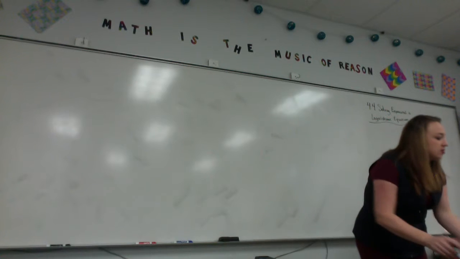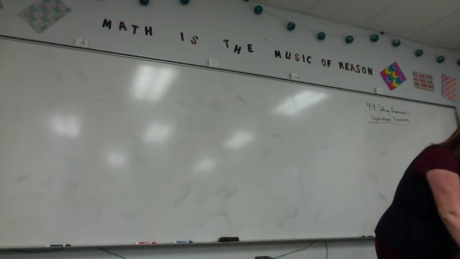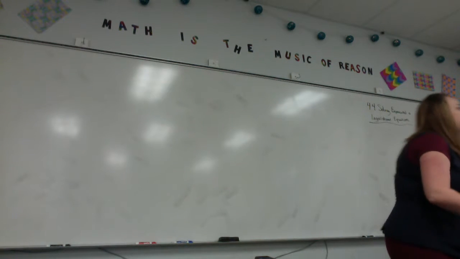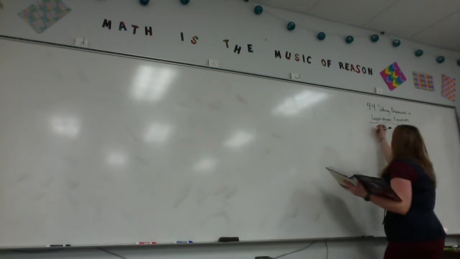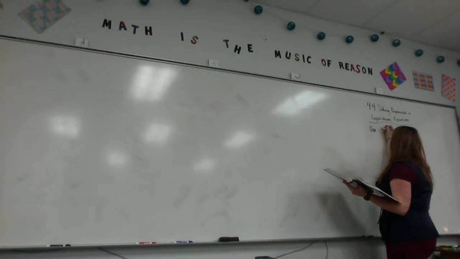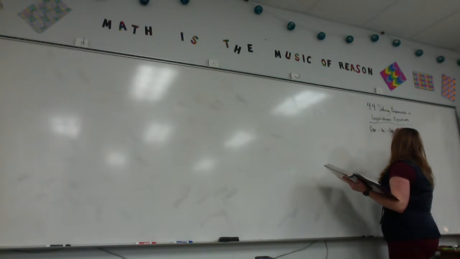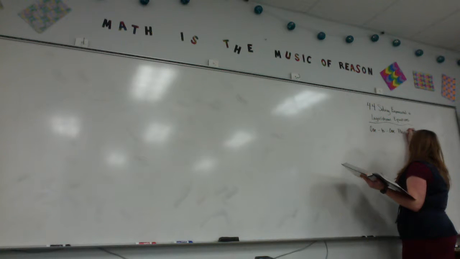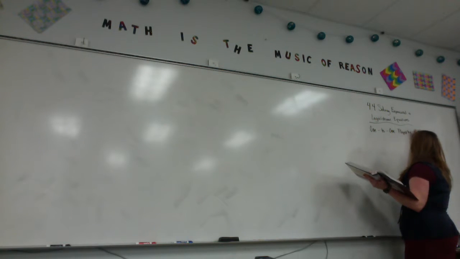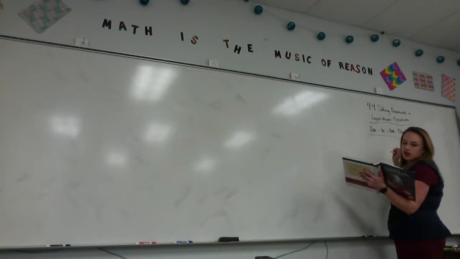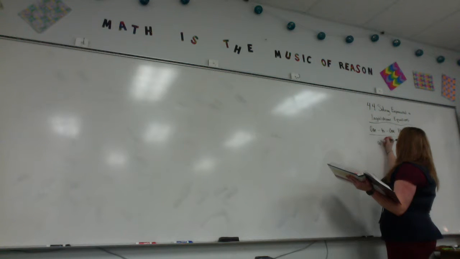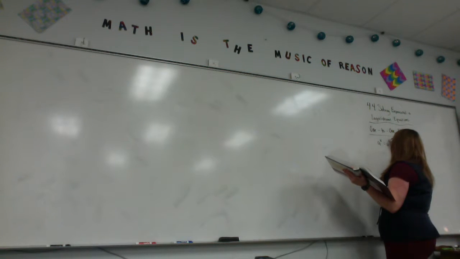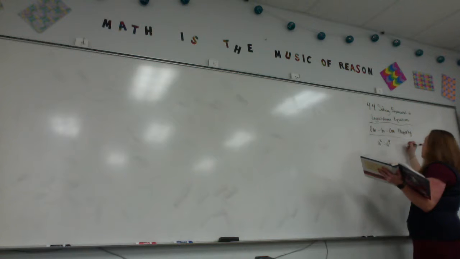Okay, so solving exponential and logarithmic functions. We have to talk about one-to-one properties and inverse properties. Your one-to-one property looks like this. If a to the x equals a to the y, then that means that x equals y.